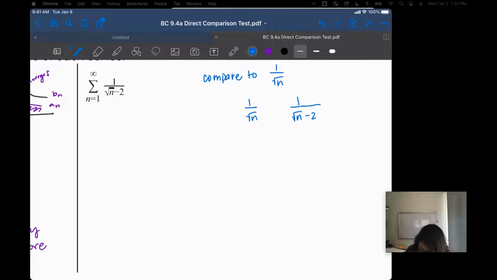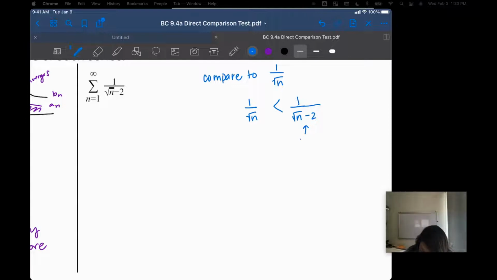If I plug in the term 10, 1 over the square root of 10 versus 1 over the square root of 10 minus 2, I see that when I subtract the 2, the denominator is smaller, so the fraction itself is going to be larger.